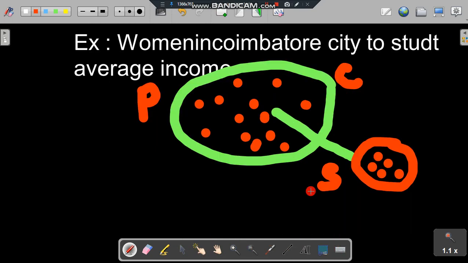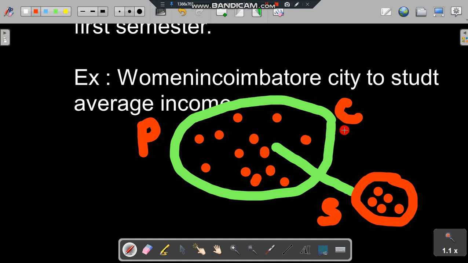So the big part is called a population, and the small part is a sample. A small part from the population, taken to know the characteristics of the population, is called a sample.